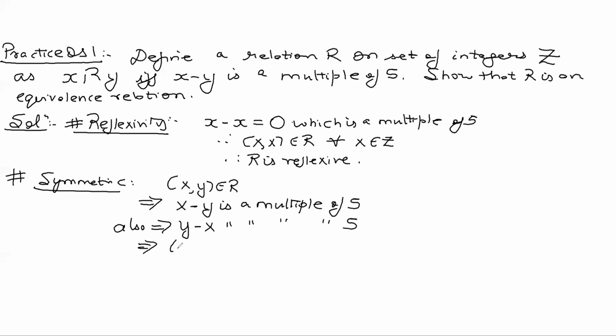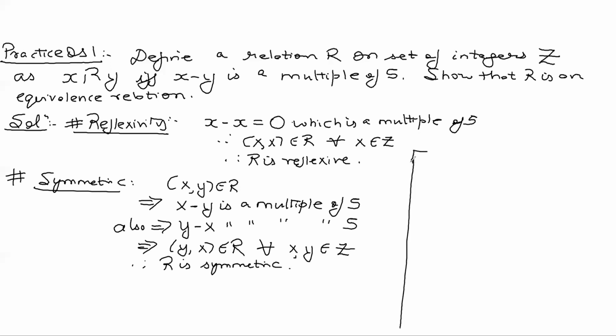Which implies (Y,X) also belongs to R for all X and Y belonging to the set of integers. Therefore, R is symmetric. And now let's check for transitivity here.